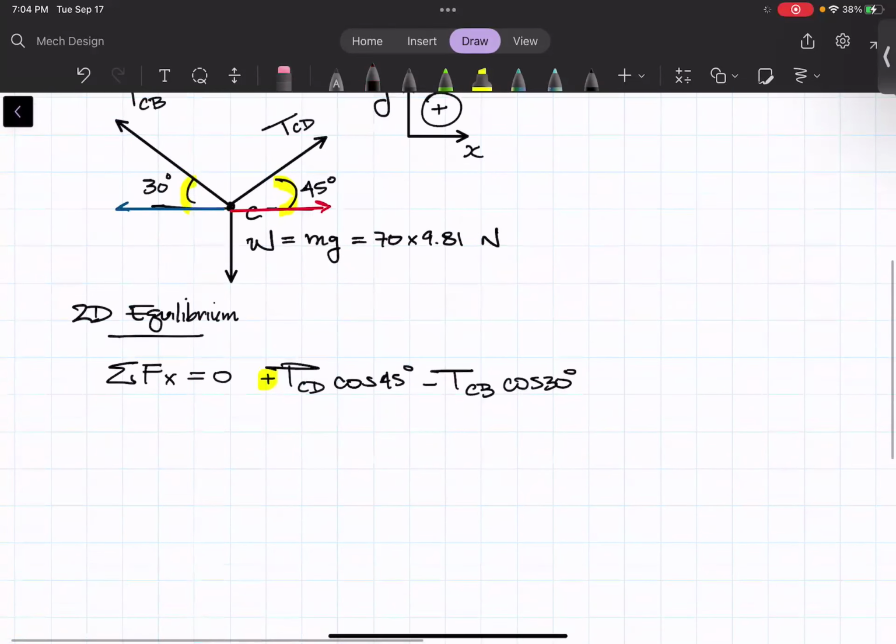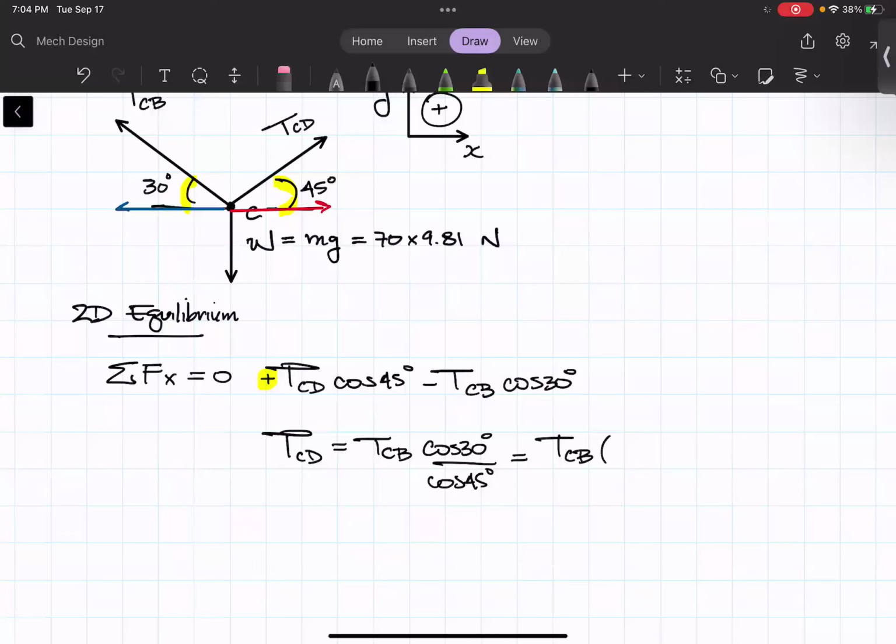Since we have two equations and two unknowns, we will write TCD in terms of TCB. So we'll have cosine 30 over cosine 45, which we put in our calculator, and we get 1.224.